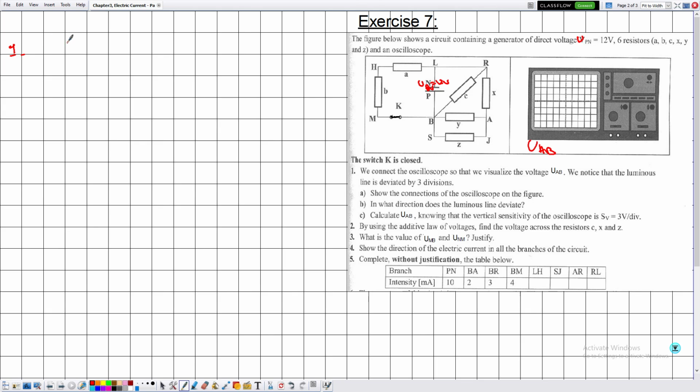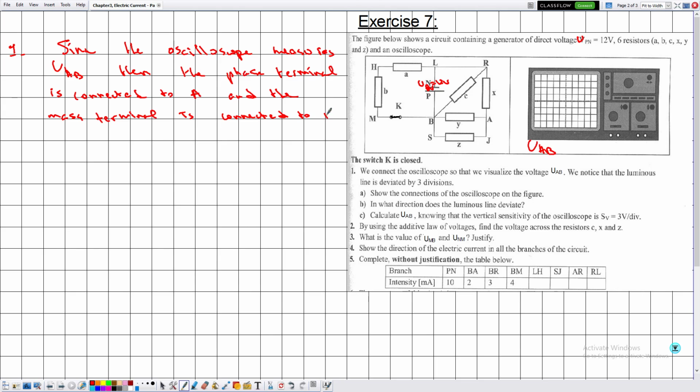So let me say, since the oscilloscope measures UAB, then the phase terminal is connected to A, and the mass terminal is connected to B. So these are the connections of the oscilloscope. Since it's measuring UAB, then this is the phase terminal and this is the mass terminal.